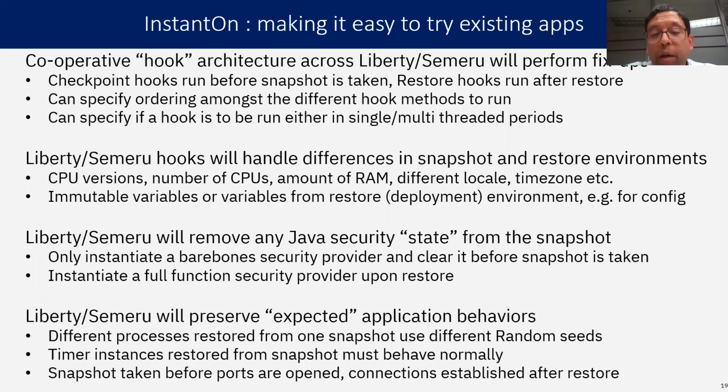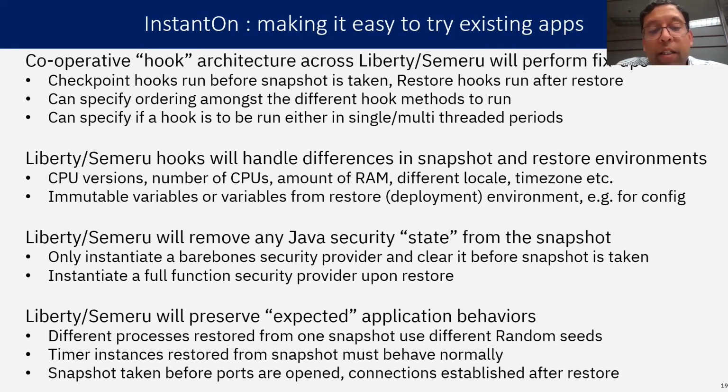This is a very minimal security provider and doesn't use any native acceleration under the covers, so it's really easy to clear the state in it before a snapshot is taken. Then we instantiate a full-function security provider upon restore, so we consult the security properties file at that point and use it after the restore.